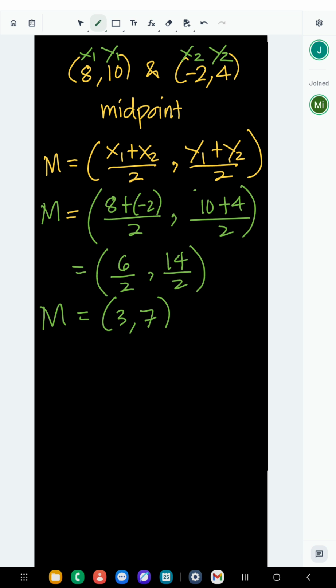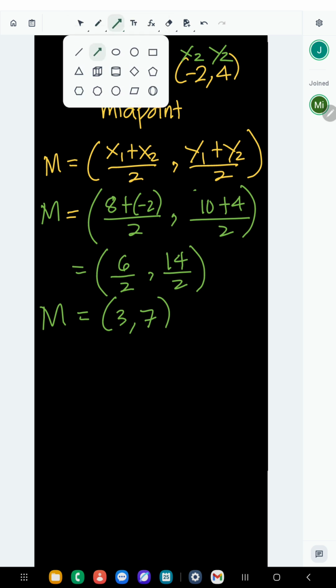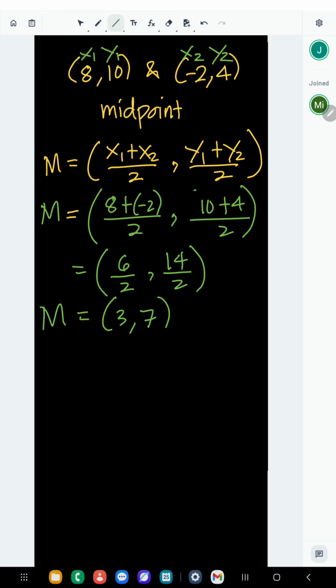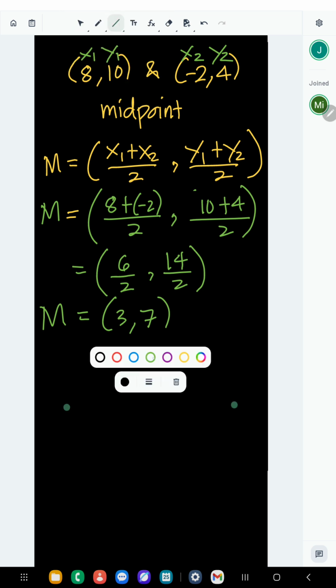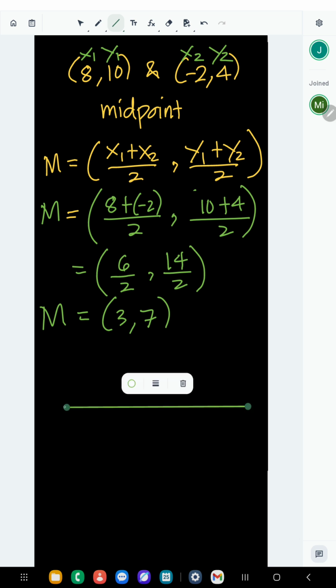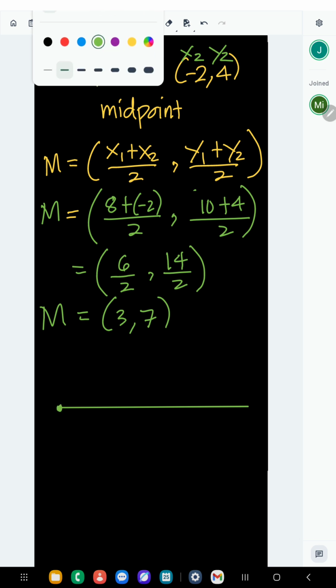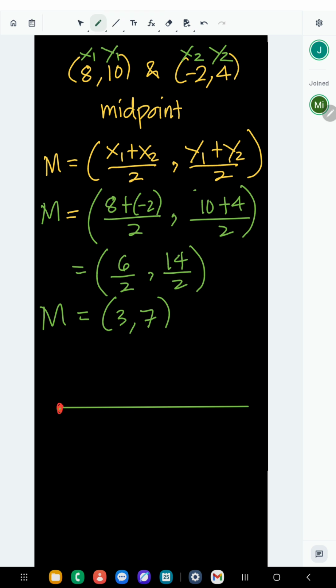By 2. Yes. Because this one, let me show you. It says that these 2 points, I'm going to draw it on the number line. So let's say this is the segment. The end points are, okay, this one is the first end point. Let's mark it red.